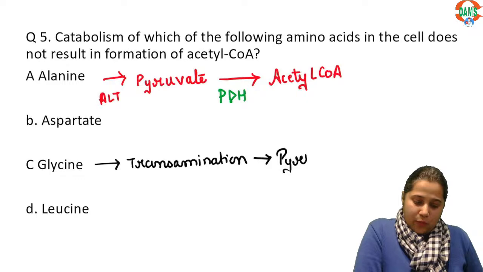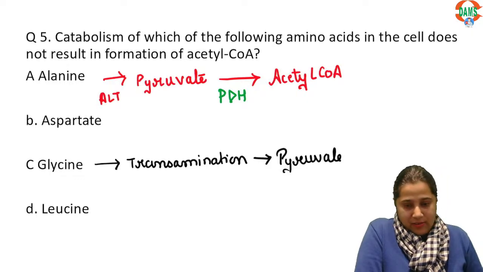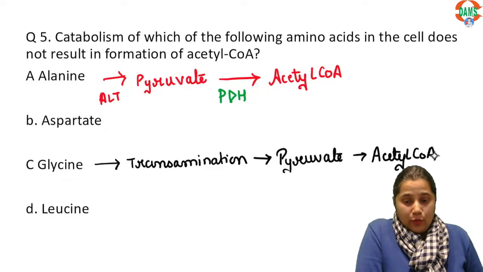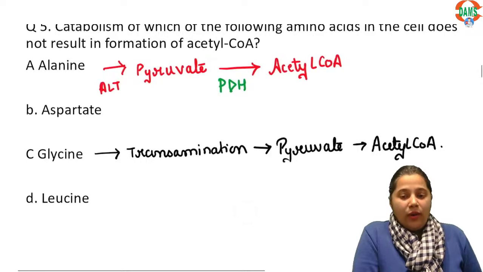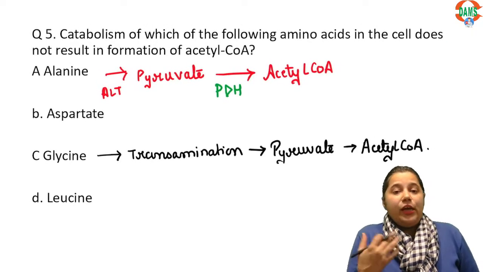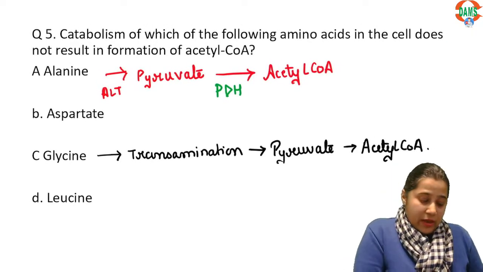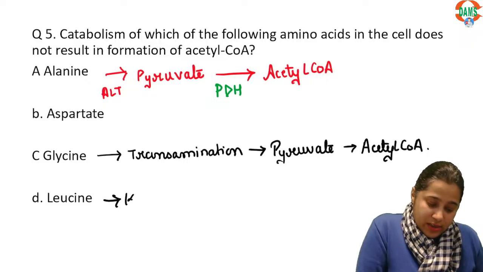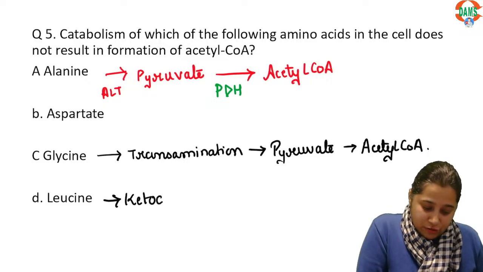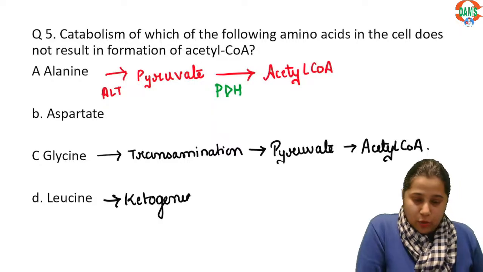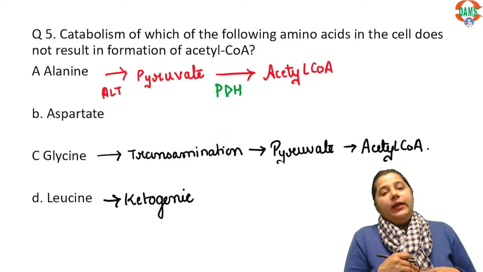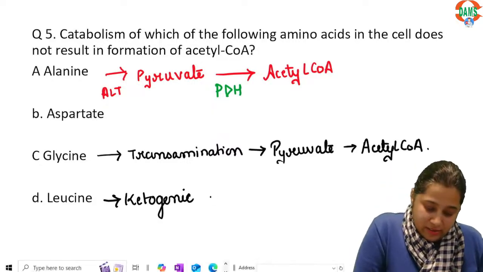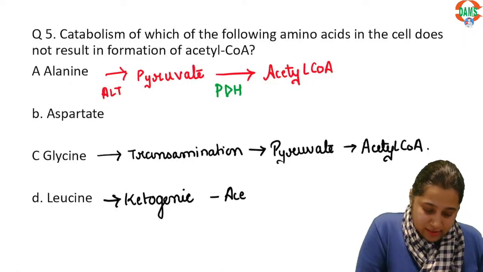And yes, pyruvate we just saw can form acetyl-CoA. So glycine can also form acetyl-CoA. Leucine is the only amino acid which is ketogenic in nature. Now because leucine is ketogenic in nature, it will form ketone bodies, and the ketone body is acetoacetate.